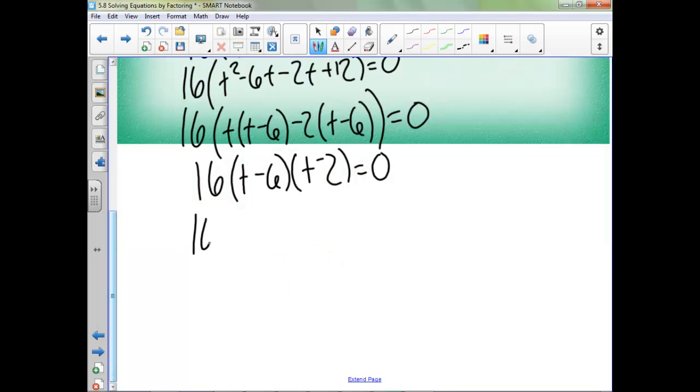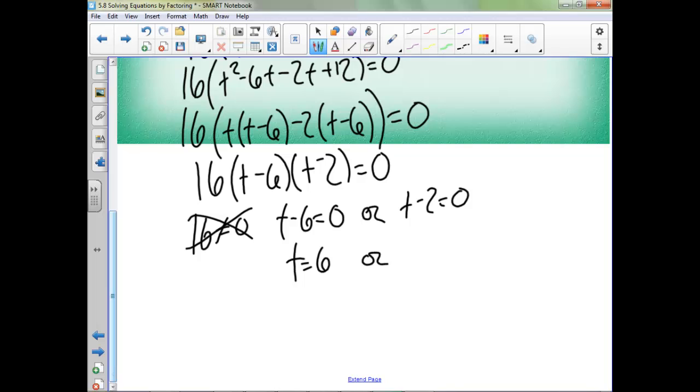So this 16 can't equal 0, so we don't need to worry about it. So this will happen either after 6 seconds, or after 2 seconds.